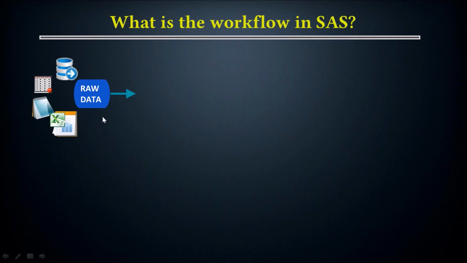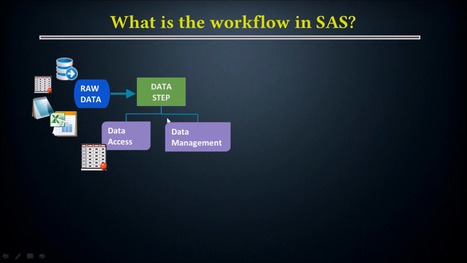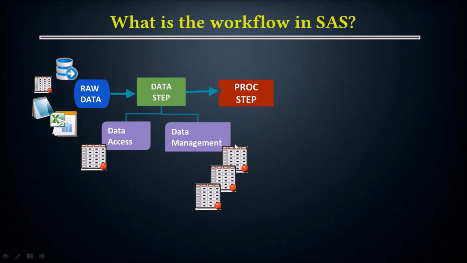That raw data we will process using a data step. Using the data step, we'll process that raw data and create some data sets using data access or data management. Once we create these data sets, we'll process them using the proc step.